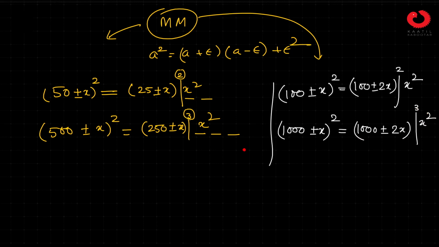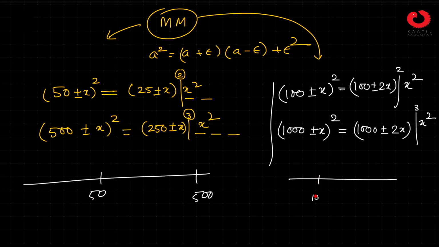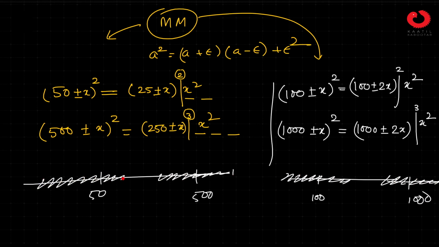So this will facilitate you in writing the squares of any number around 50 and 500, and around 100 and 1000. This 25 plus minus x, and the x value you know till 24, so till 25 you can very well get.